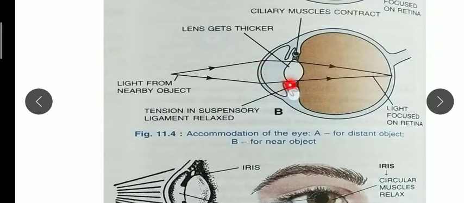You can see the change in the shape of the lens, and light focuses on the retina, and tension develops in the suspensory ligament, which is relaxed. So if you understand from this diagram, then you can see accommodation is the process through which the eye can see objects at different distances.